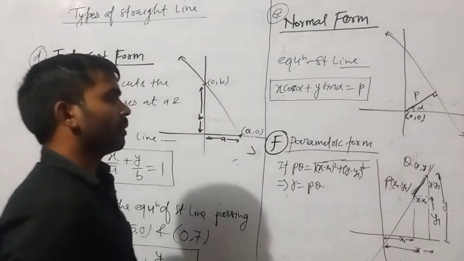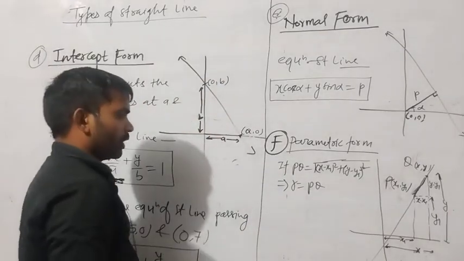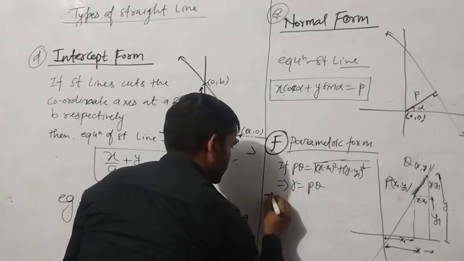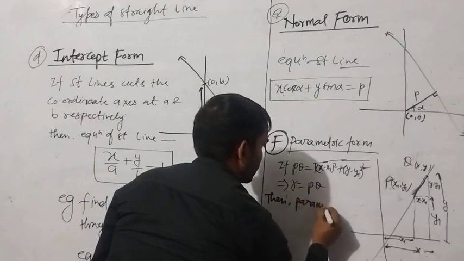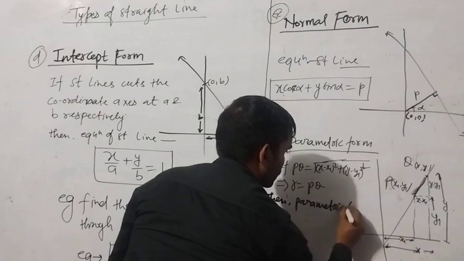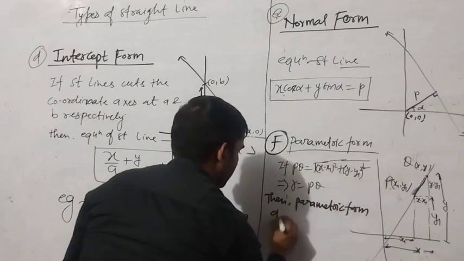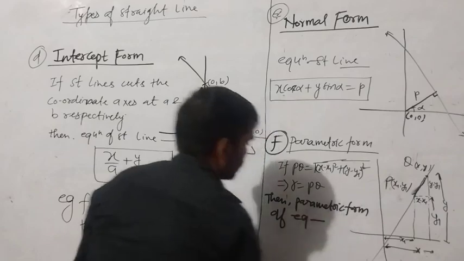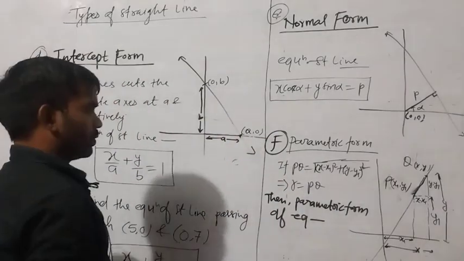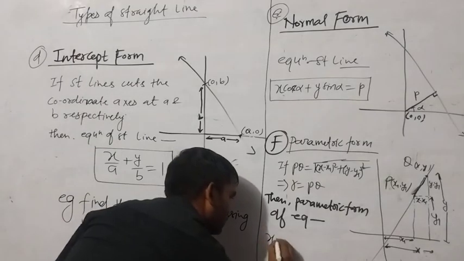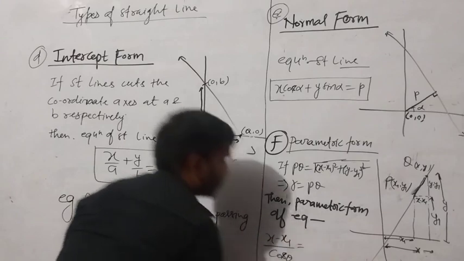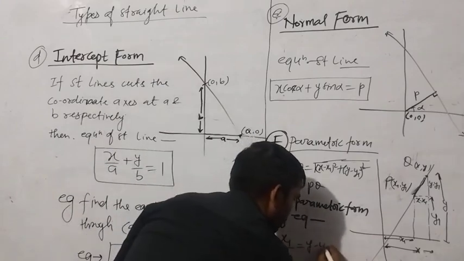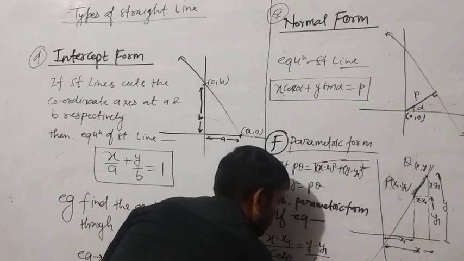Then the parametric form of the equation is given by (x minus x1) upon cos theta is equal to (y minus y1) upon sin theta is equal to r.